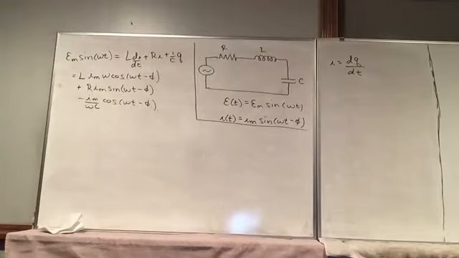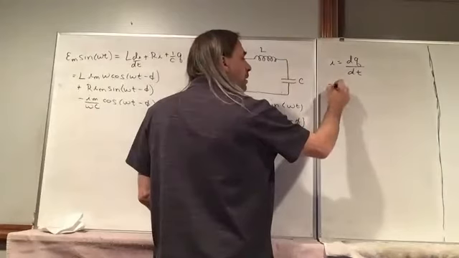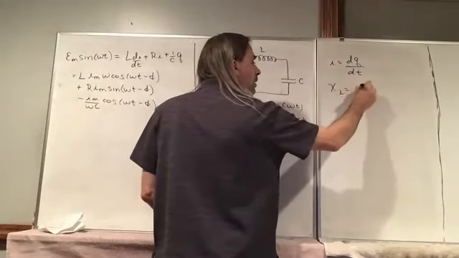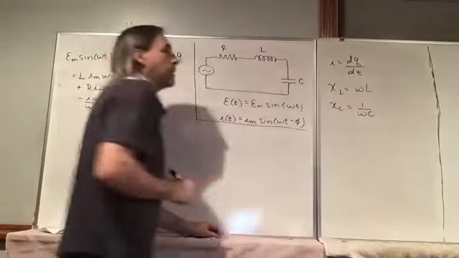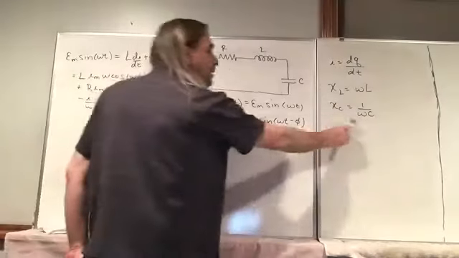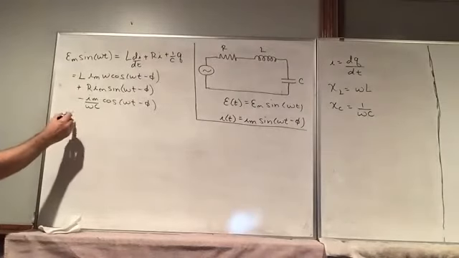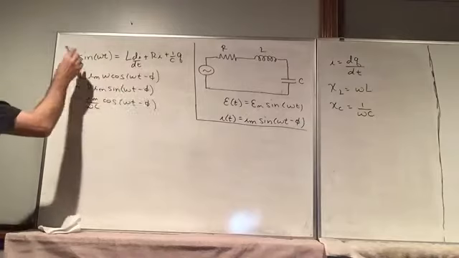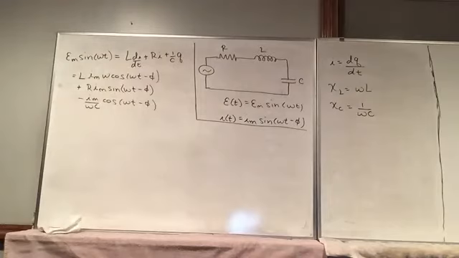Okay, so we can simplify this a little bit, not too much, but remember last time we talked about reactance. The inductive reactance is omega L, and the capacitive reactance is 1 over omega C. And so we can simplify this equation. On the left side, we have this. The right side is all of that, all 3 lines.